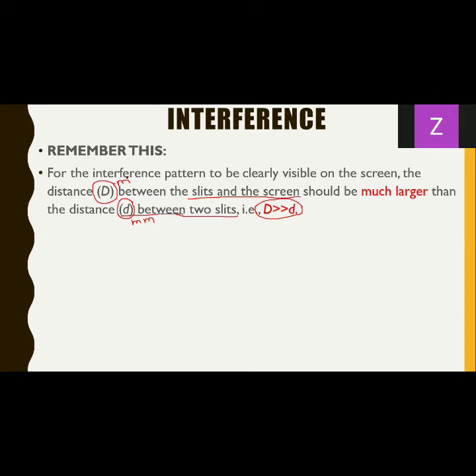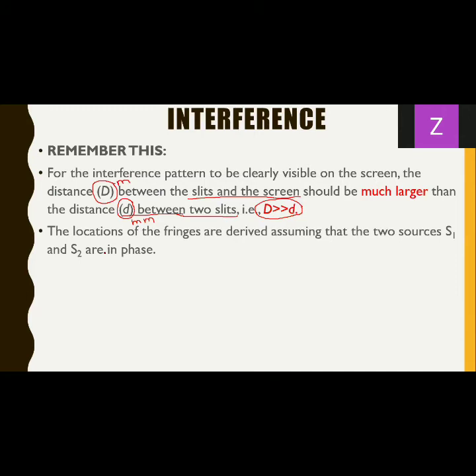Second, when we consider the location of fringes, obviously we assume that the sources are coherent. Then and only then can we see the interference pattern. So that is very important. The two sources must be coherent. Means what? They should be in phase. We assume the location of fringes based on this condition, that they are in phase and they are coherent. Okay.